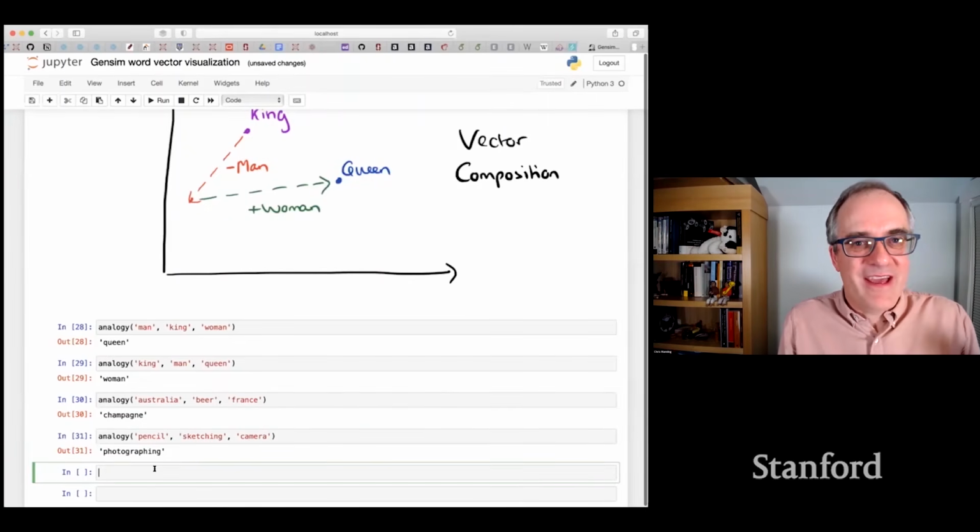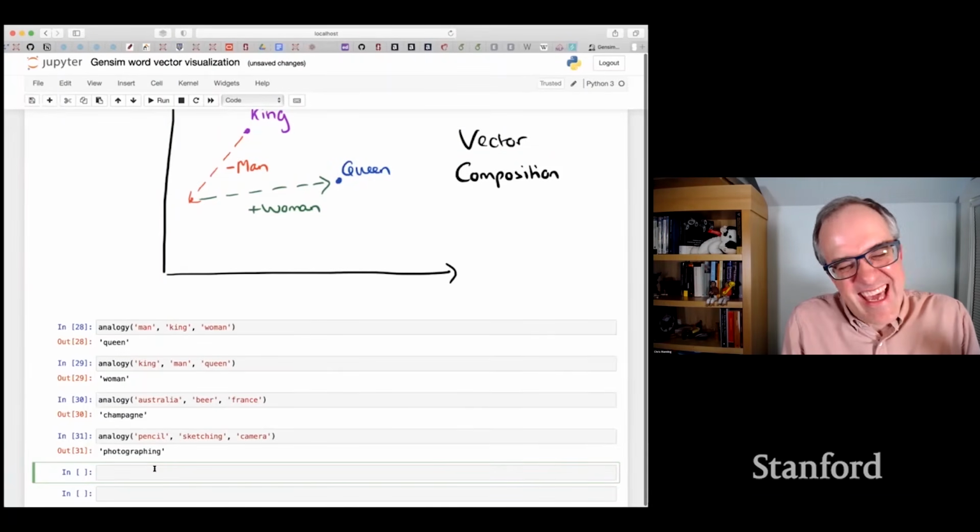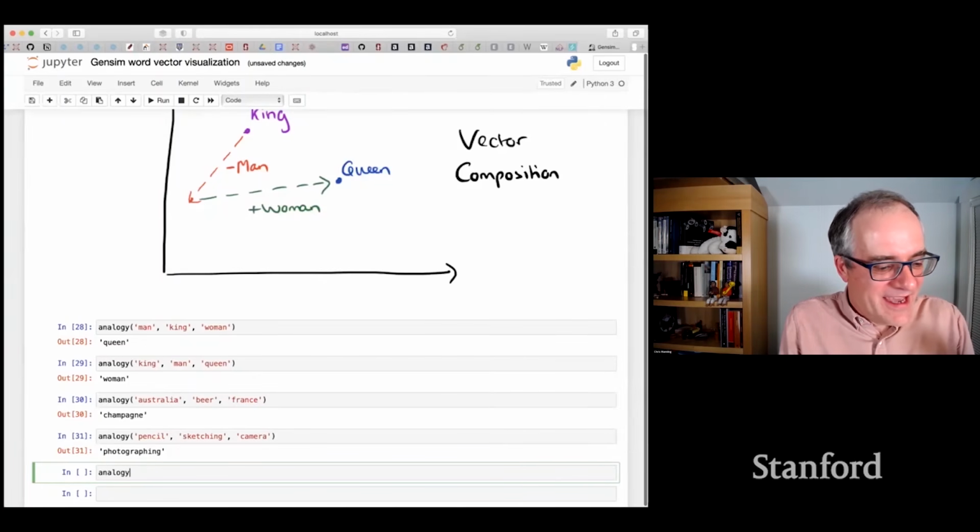You can also do the analogies with people. At this point, I have to point out that this data and the model were built in 2014, so you can't ask anything about Donald Trump in it. Well, you can. Trump is in there, but not as president. But I could ask something like analogy: Obama is to Clinton as Reagan is to what?